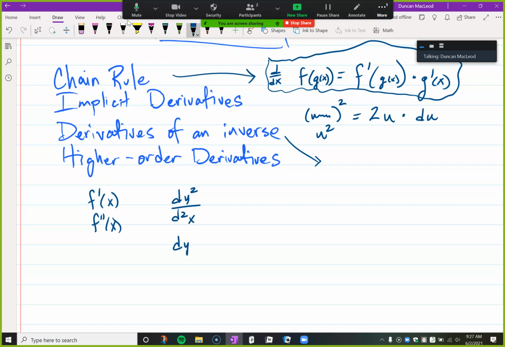So whatever the number is on this, wait. Why can't I erase now? Trying to think of too many things in my head at one time. We do d/dx, so the numbers would go on d/dx of y.